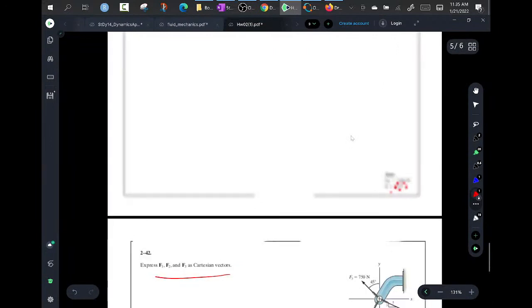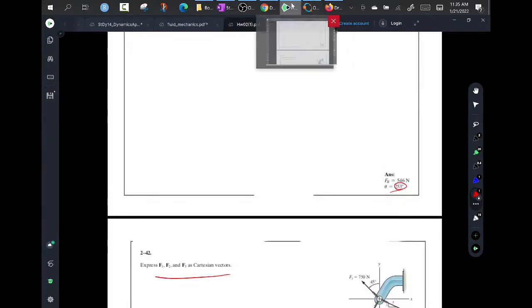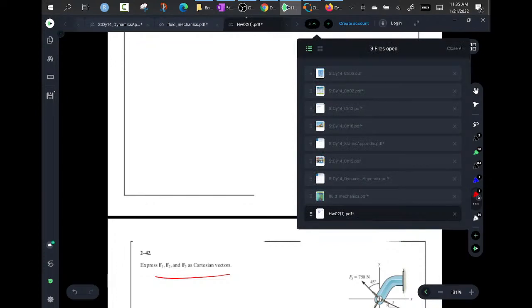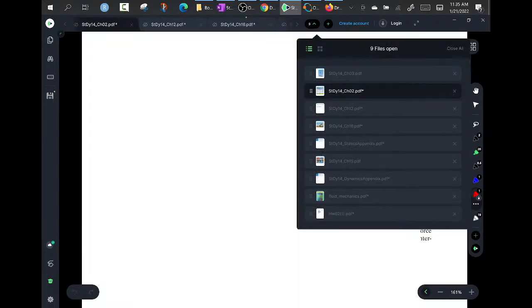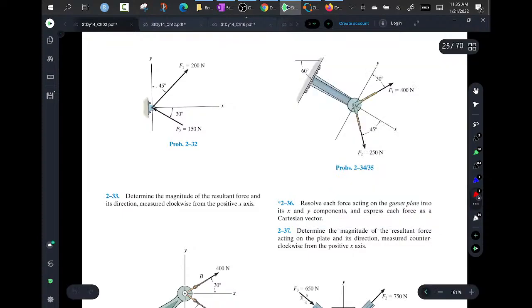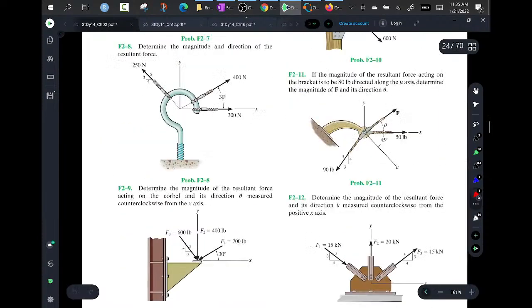We'll go back into the book, which is, okay, I'll have to do the drop down. Here it is. And what we'll see is all of these problems look the same.